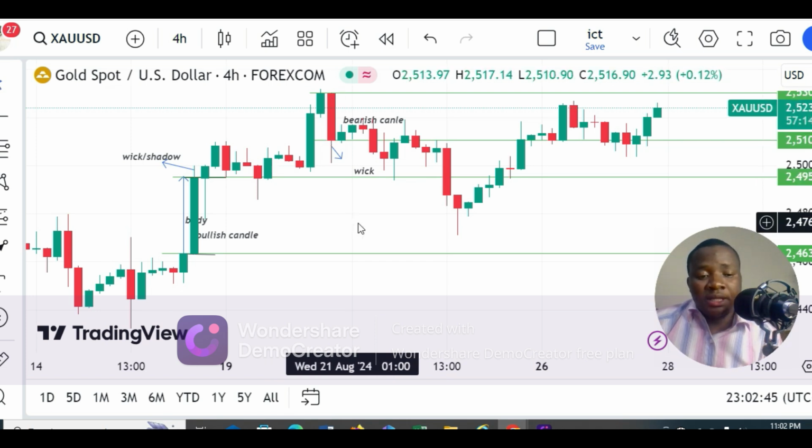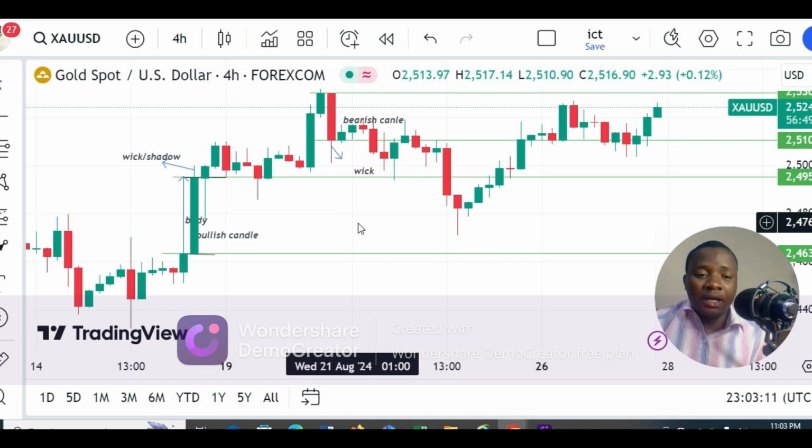Basically, bullish candles are represented by the colors green and white. On the other hand, bearish candlesticks are represented by red and black.